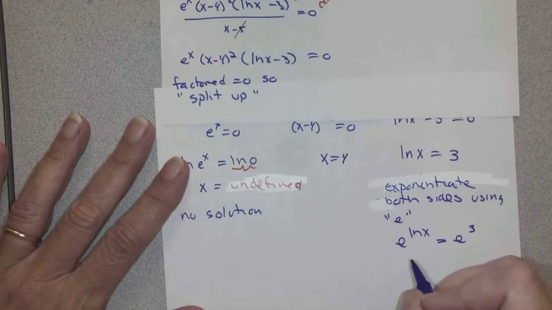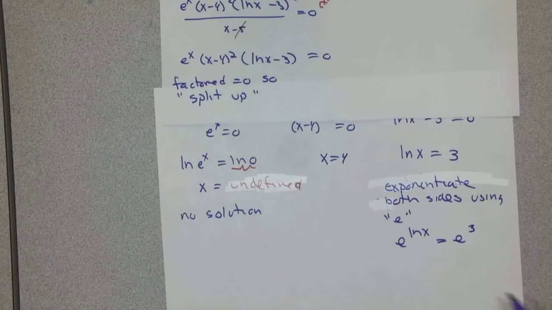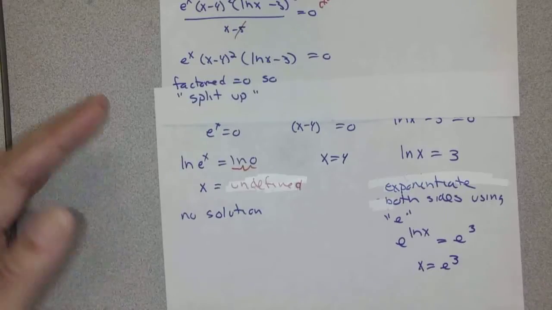The natural log and e to the x are opposite operations, inverse operations, so we get x equals e cubed.